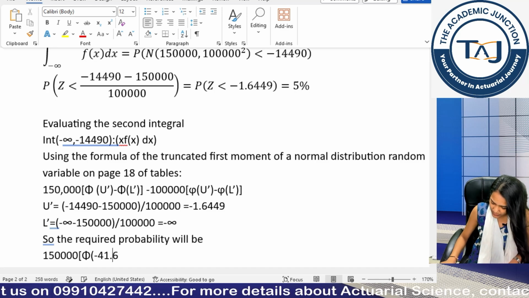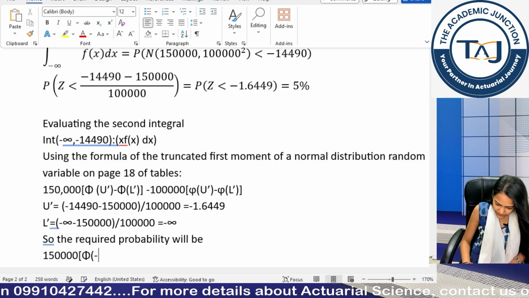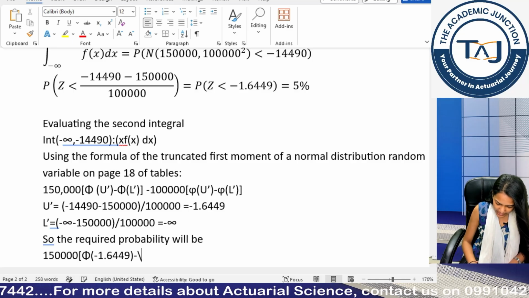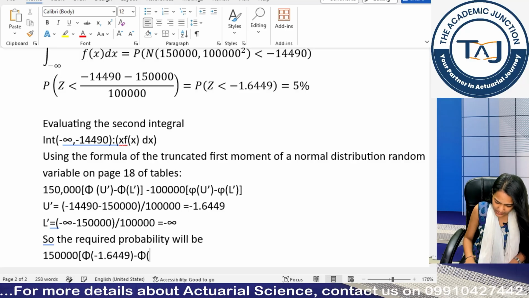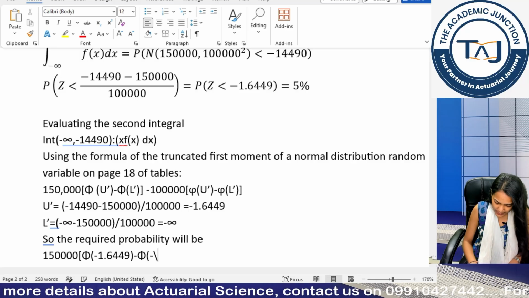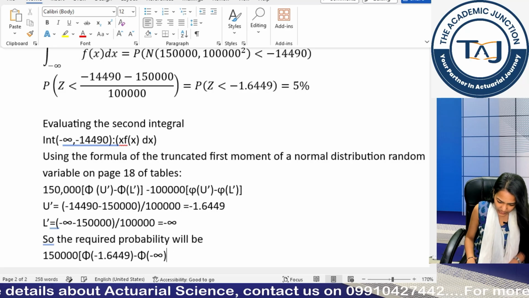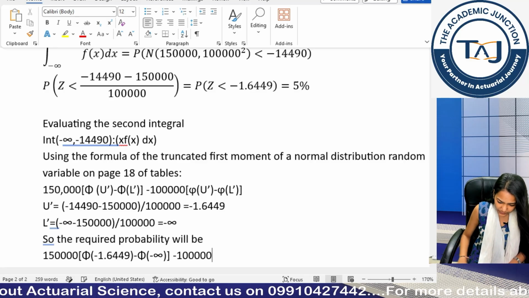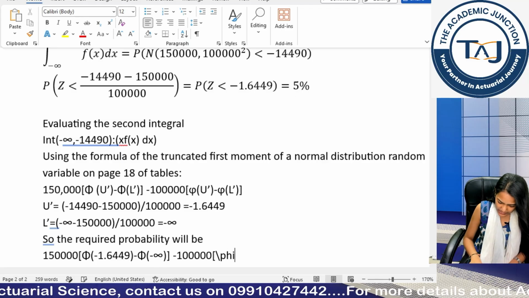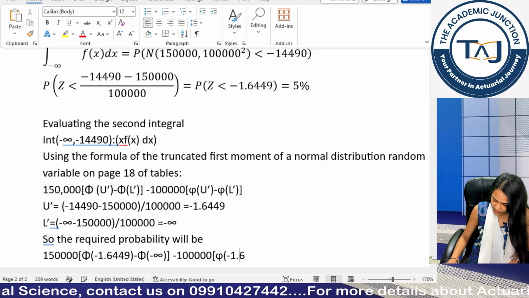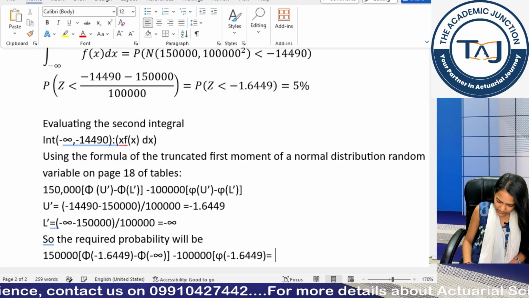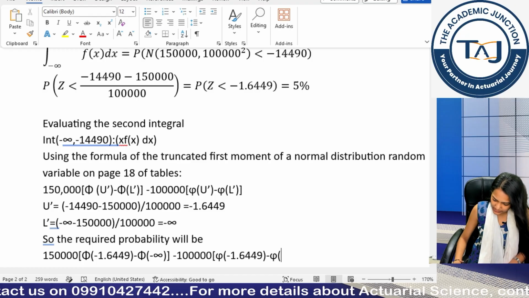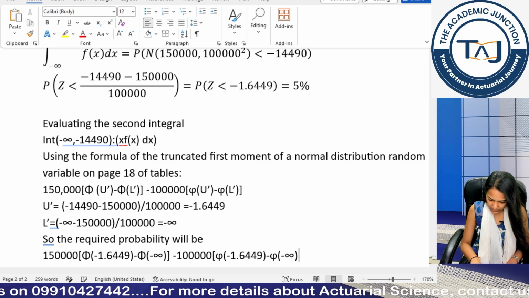It is minus 1.6449 minus capital phi of minus infinity, square brackets, minus 100,000. Again this is small phi of minus 1.6449 minus small phi of minus infinity.